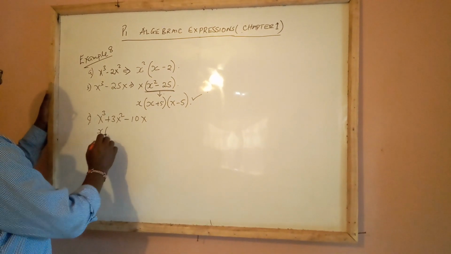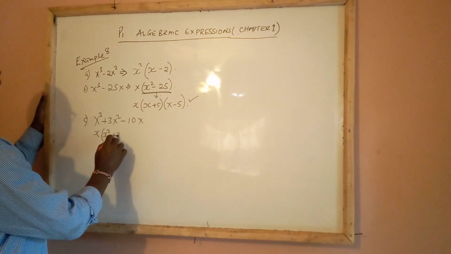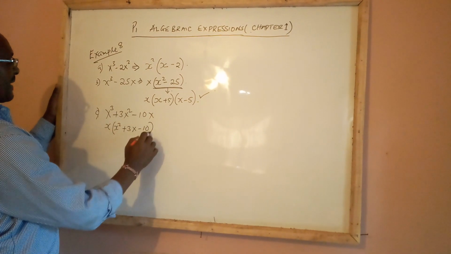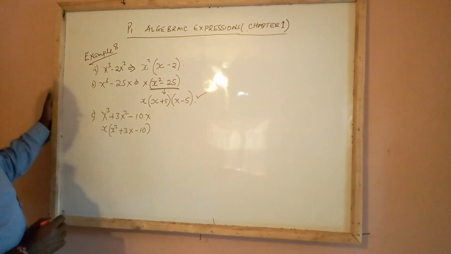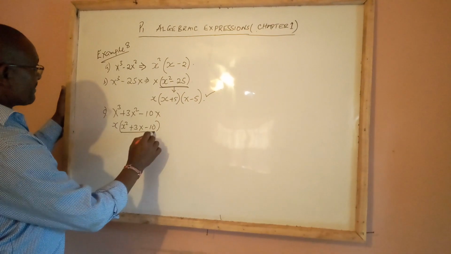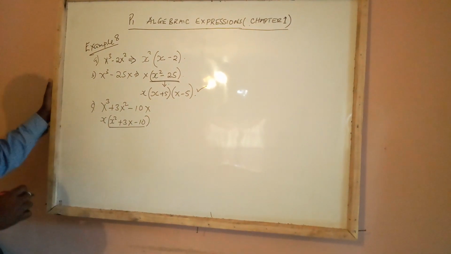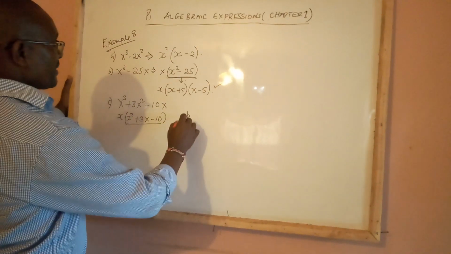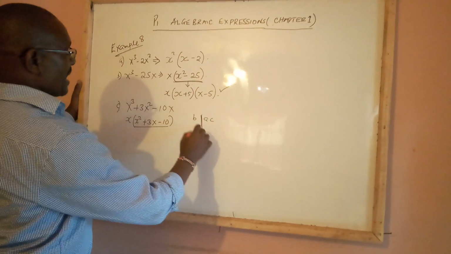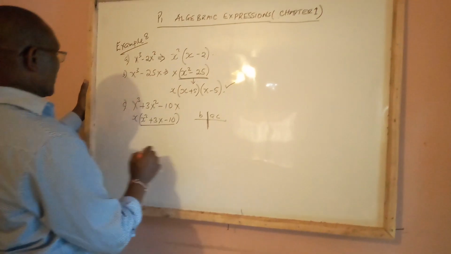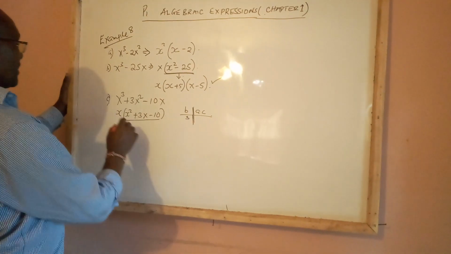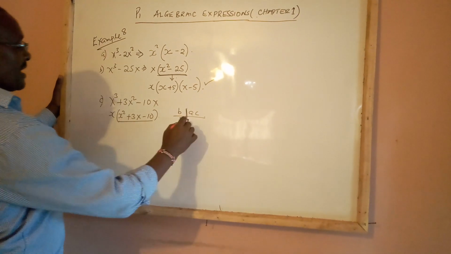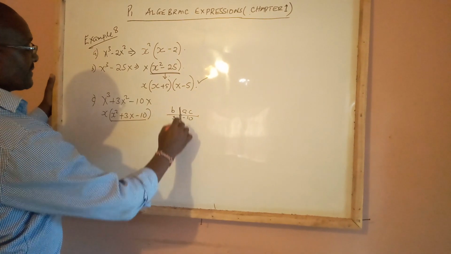Within this, we have x squared plus 3x minus 10. Having done that, the bracketed part now remains a quadratic expression. And that sends us now to the level of B and AC, sum and product. What is our B? Our B is a 3. What is our AC? Our AC is a negative 10.